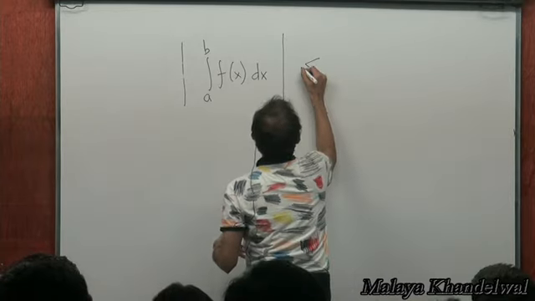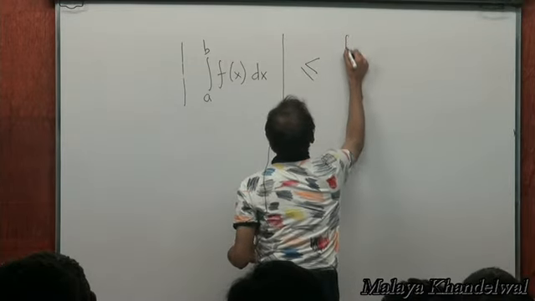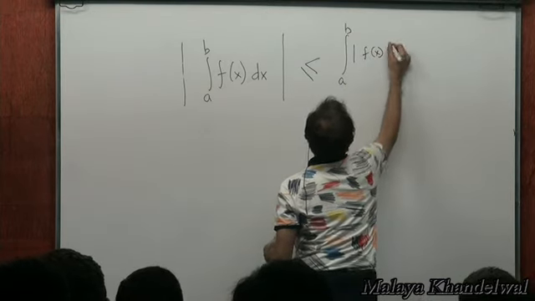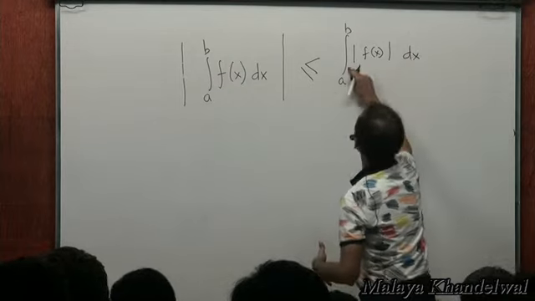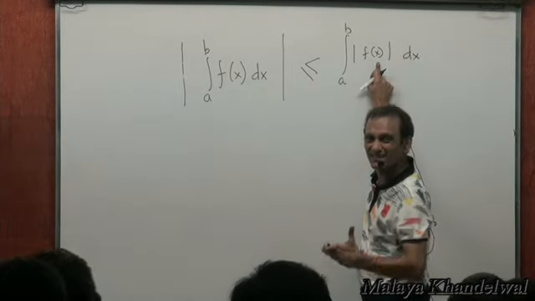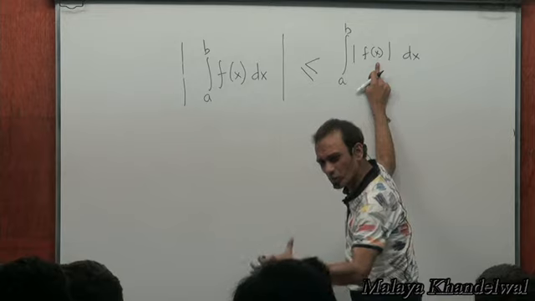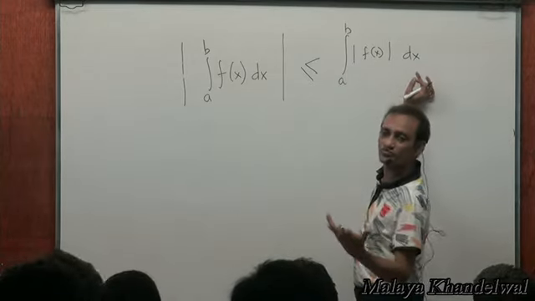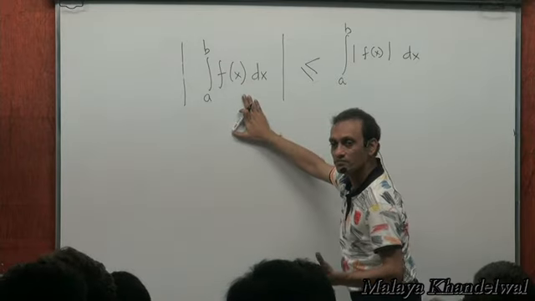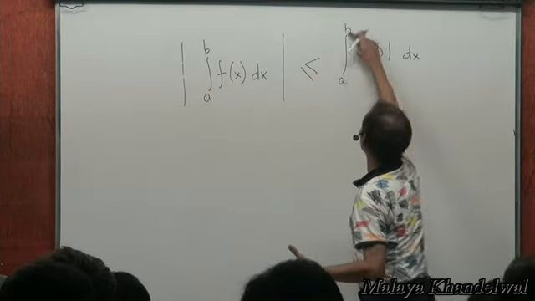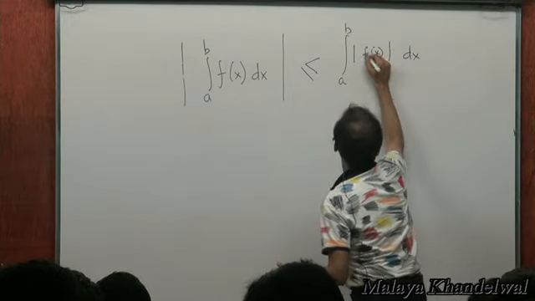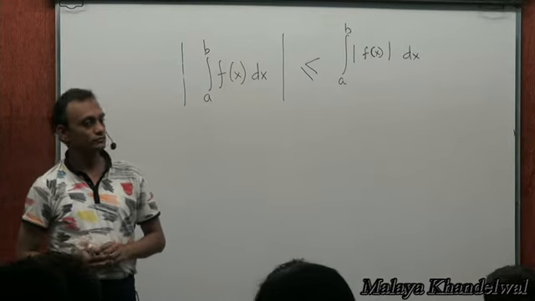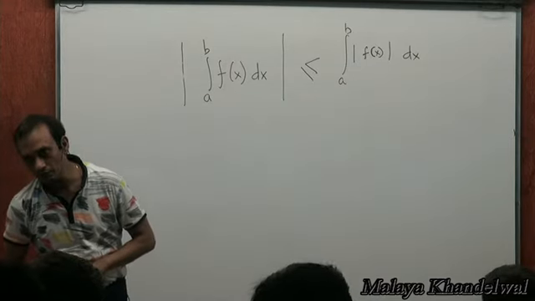So this would be the sum of the moduli: mod fx into dx, and then next mod fx into dx, and so on and so forth. Modulus of the sum is less than or equal to sum of the moduli. So this is another property that you want to take stock of. Clear? Right?